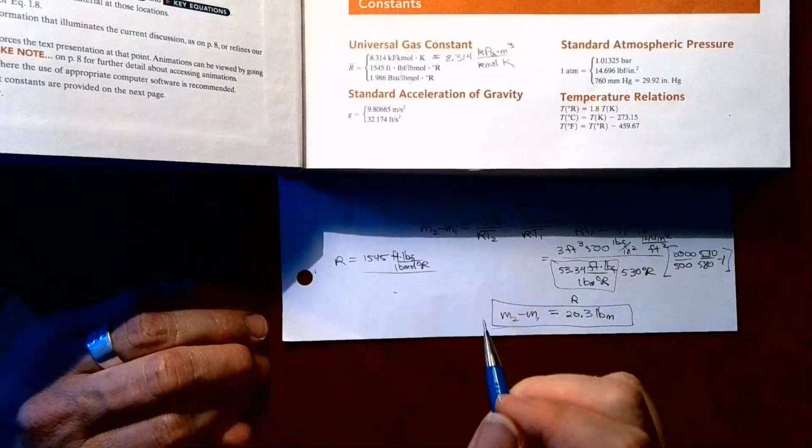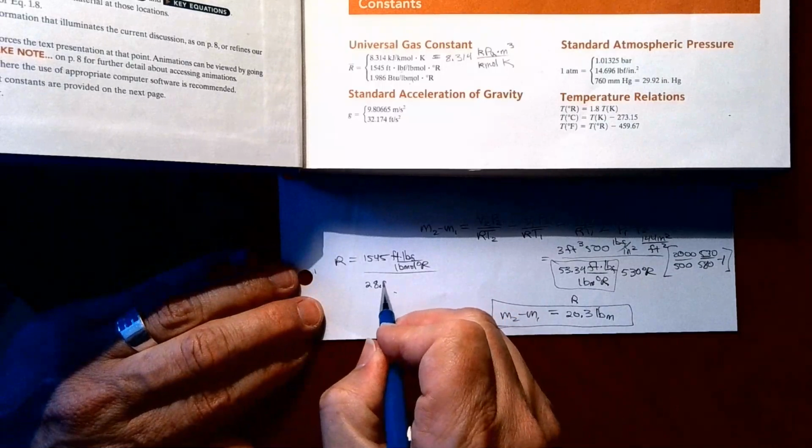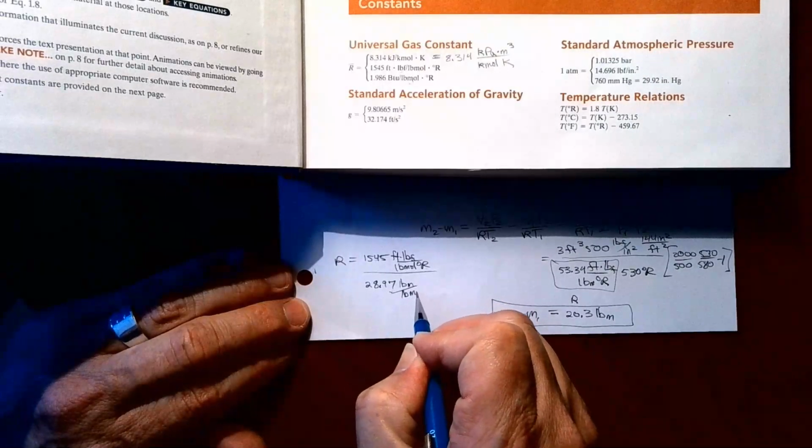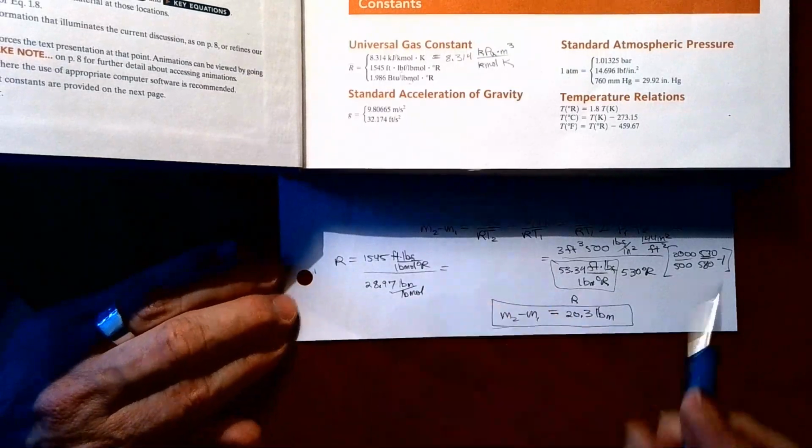And then we have to divide that by the molecular weight of air, 28.97 pound mass per pound mole.